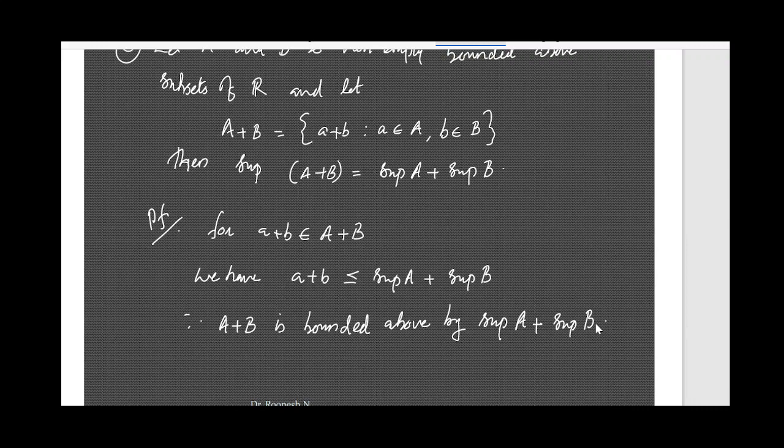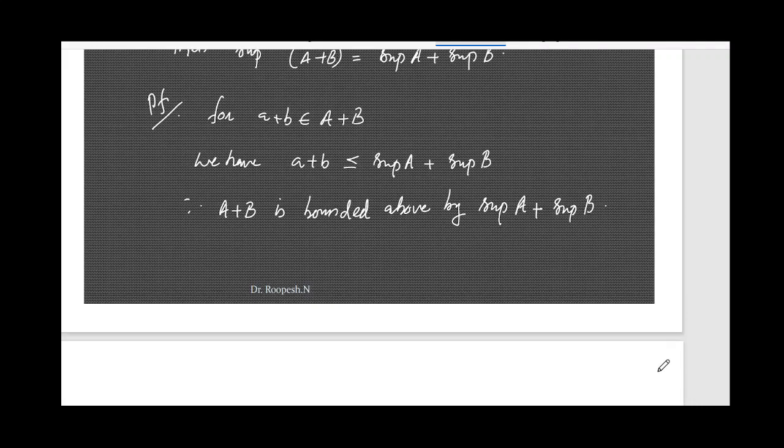Since a plus b is always less than or equal to supremum of A plus supremum of B, right? Therefore, A plus B is bounded above by supremum of A plus supremum of B.